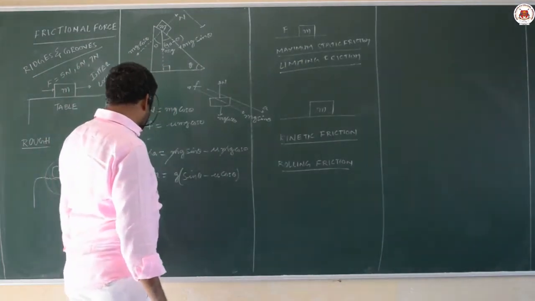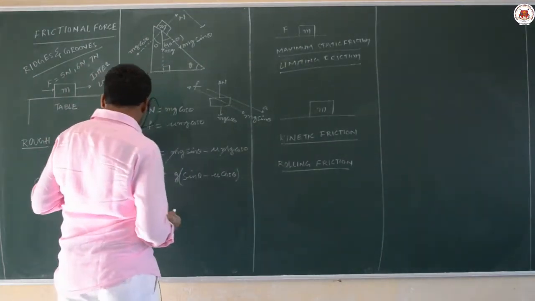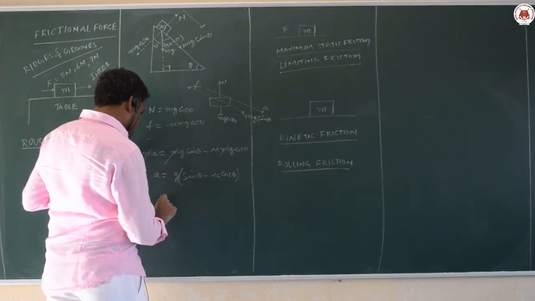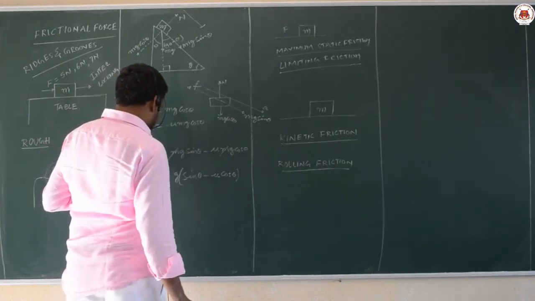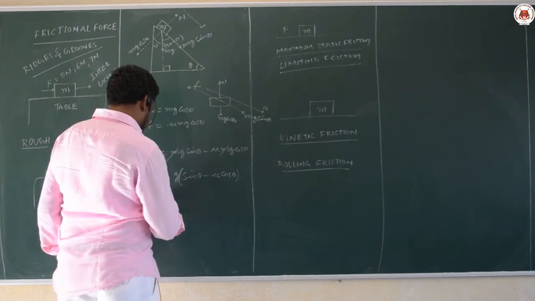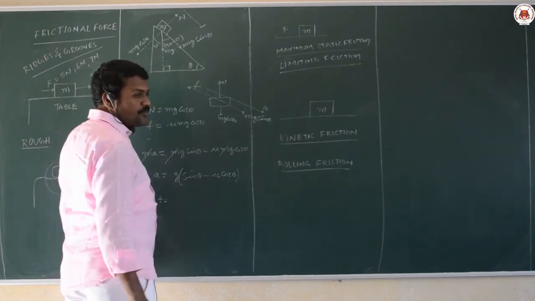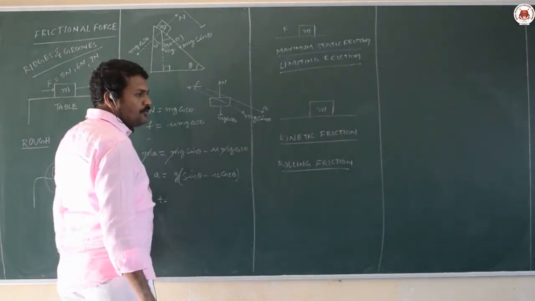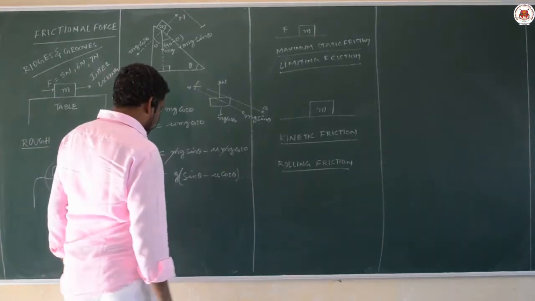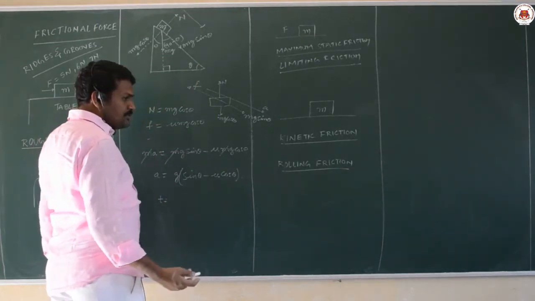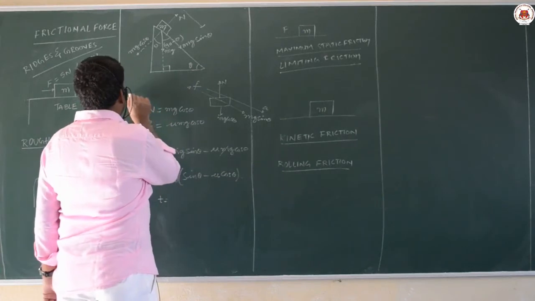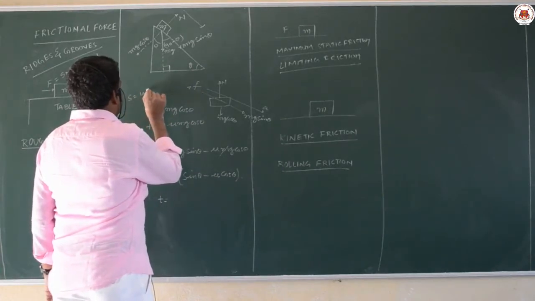If you want to calculate the time taken to reach the bottom, how can you calculate it? Initial velocity is 0, so use v is equal to u plus at, or use the distance, s is equal to ut plus half at square.